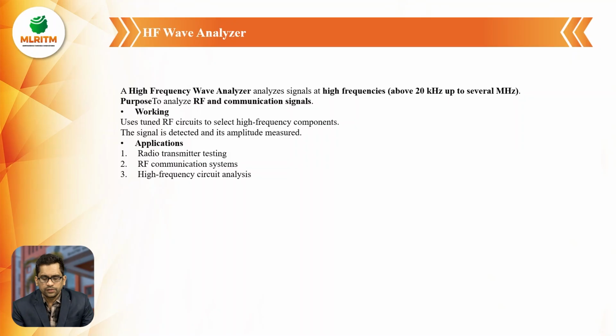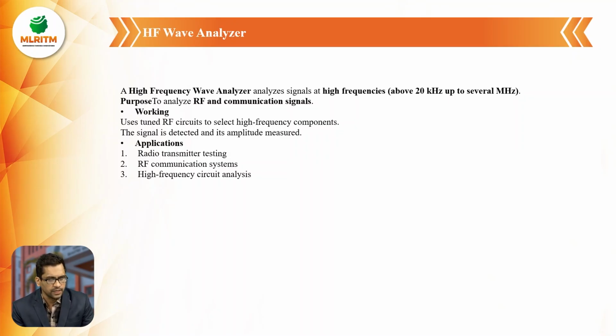Applications where we can use this type of analyzer: the HF wave analyzer mainly consists of RF circuits to select over some range of frequencies. In this circuit design, the signal is detected and the amplitude is measured.